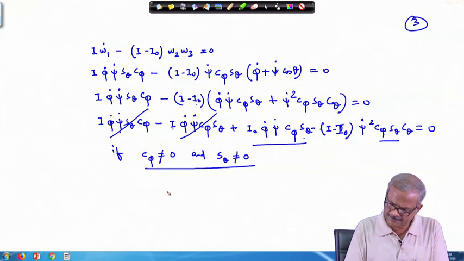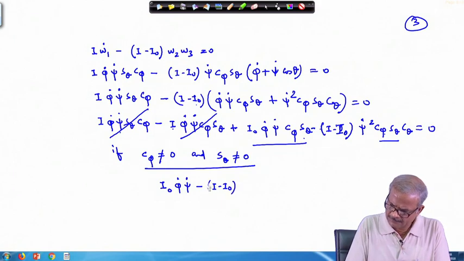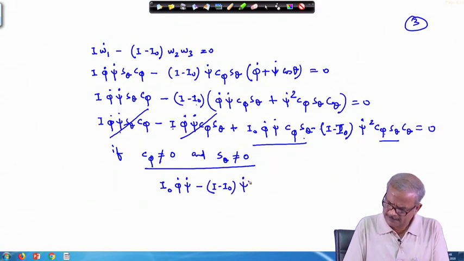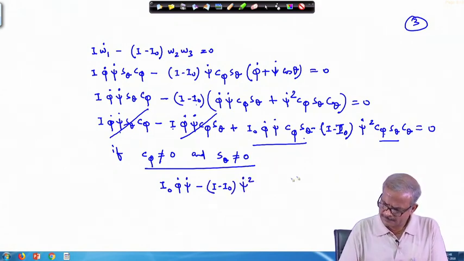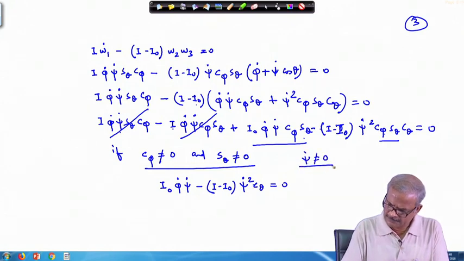So, if these quantities are non-zero, then what we get is I 0 times phi dot psi dot minus I minus I 0 times psi dot square C theta, this equal to 0. Psi dot is also not 0.